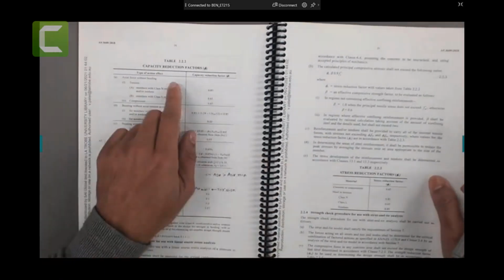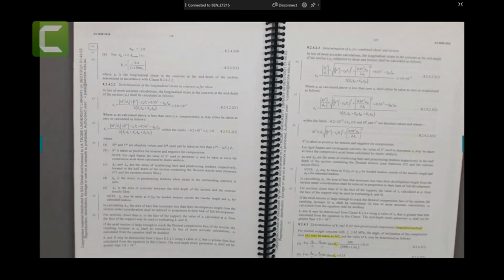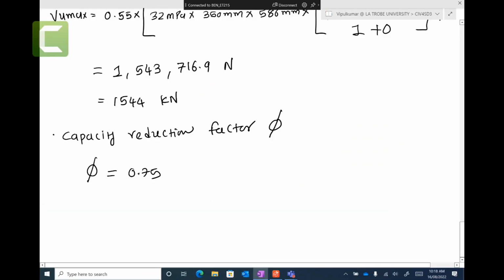If you go to the table, Table 2.2.2, shear is given in part E. If you are using class N fitments, I think we are using class N fitments. If you're using class R fitments, you can take 0.5 and ASV greater than ASV minimum. We're going to make this check, so we can use the capacity reduction factor 0.75 in this case.